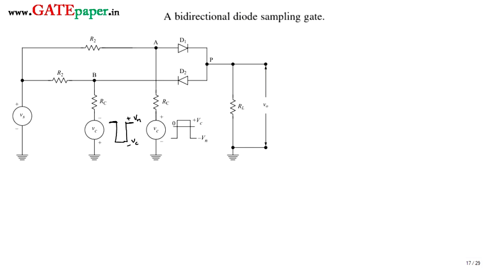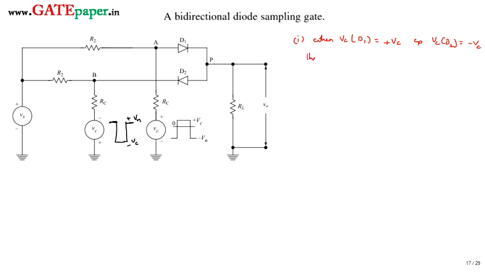Now we'll discuss the operation. Case 1: when Vc of D1 is at plus Vc, that is a positive voltage, and at that time Vc of D2 is at minus Vc.